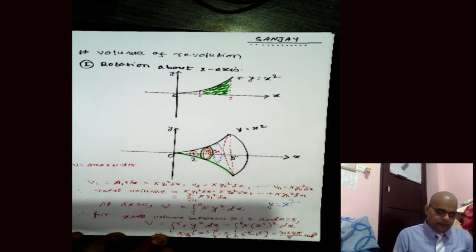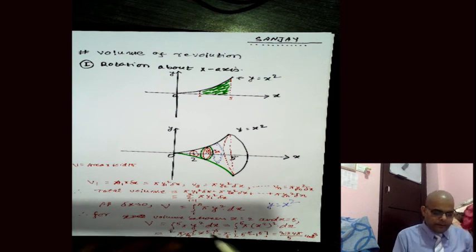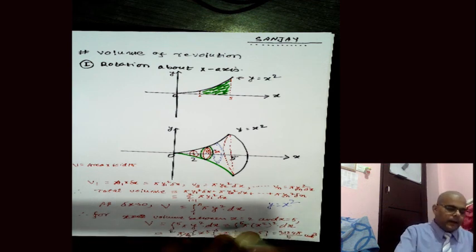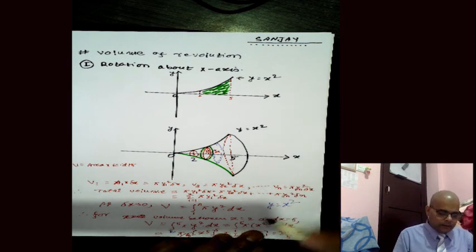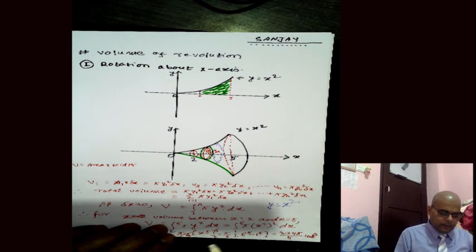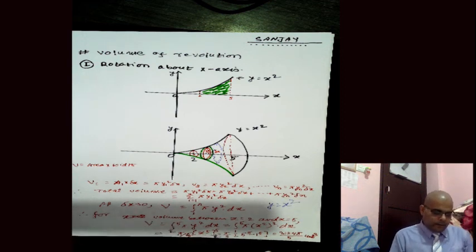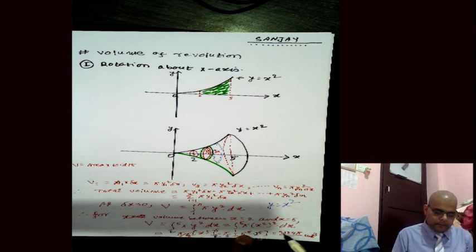So from 2 to 5 of pi y square, and in place of y you write x square, so this is x to the power 4, and the integration of x to the power 4 is x to the power 5 by 5. As pi over 5 is constant, I have taken it out of the bracket. So it is 5 to the power 5 minus 2 to the power 5.